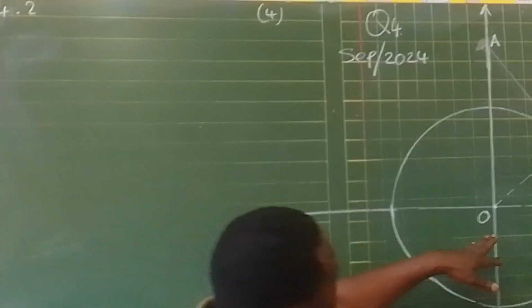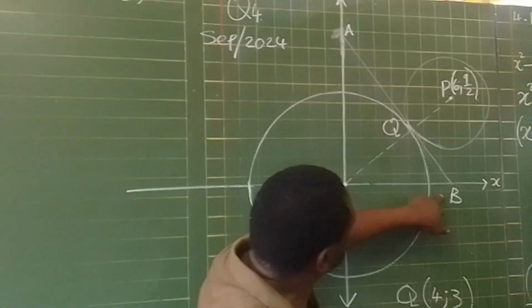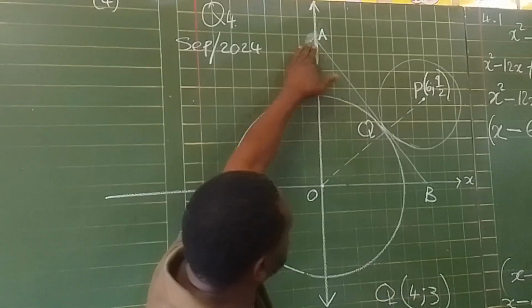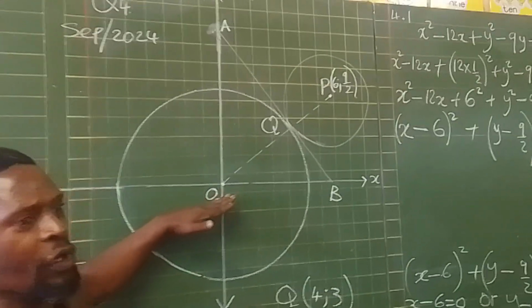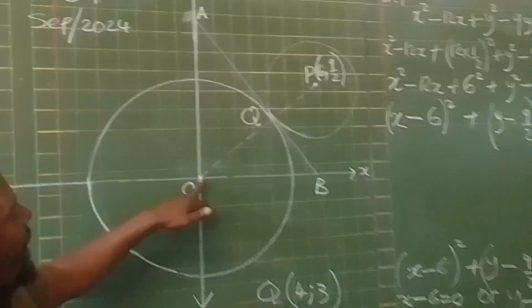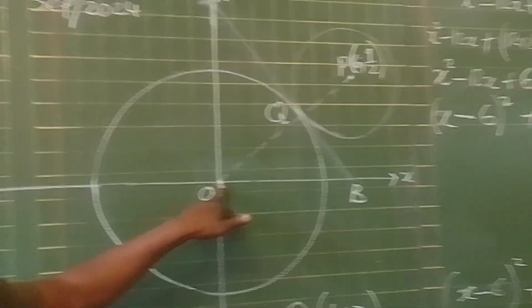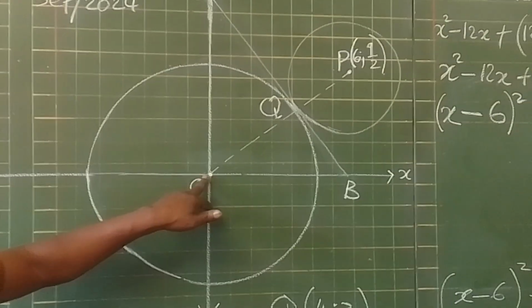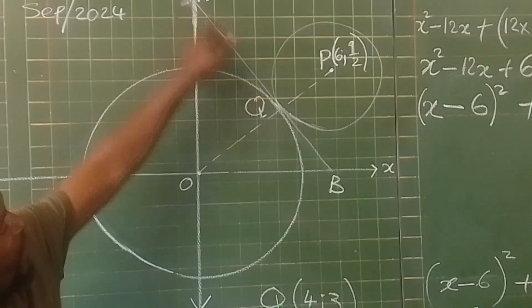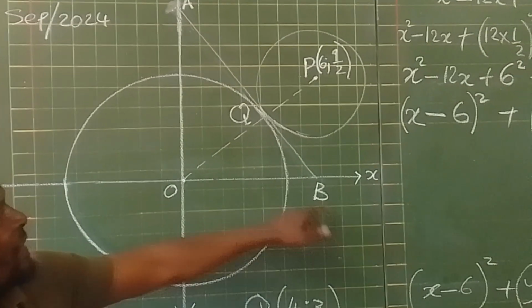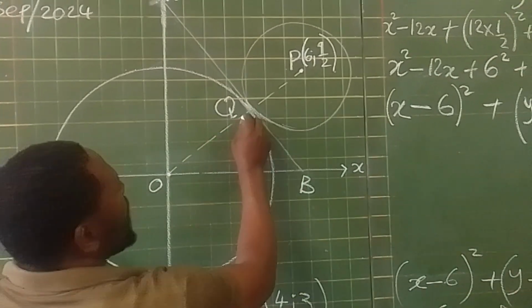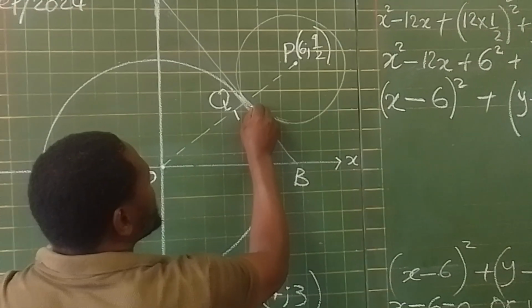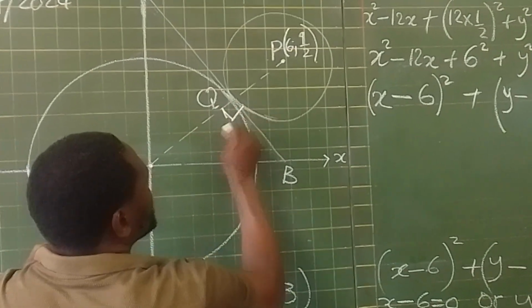Now that we have the tangent AB, according to geometry, the line from the center of the circle to the tangent is perpendicular. Now we know that this is 90 degrees.